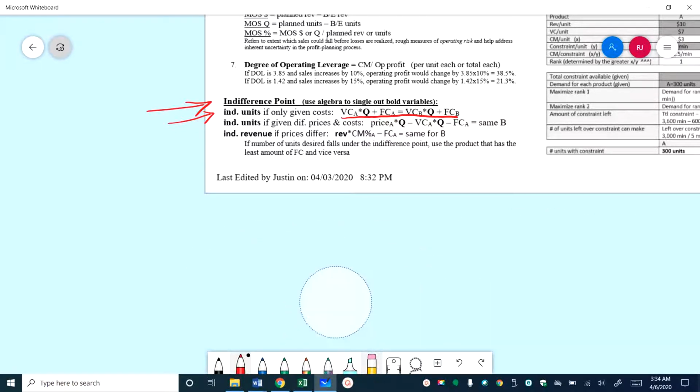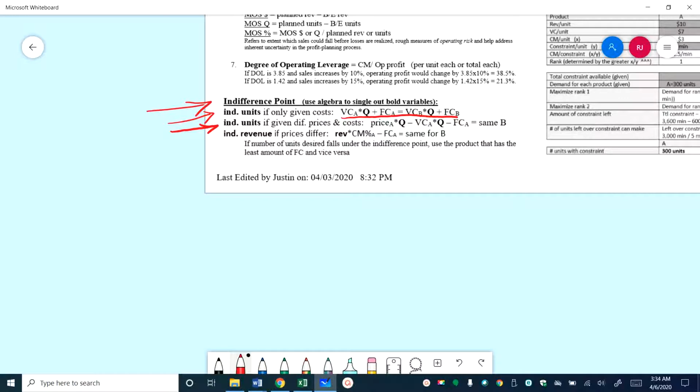And then, if it tells you this and asks for the indifference point again, but this time it says if given different prices, so if you can charge more for the more expensive printer paper because it prints more efficiently and better pages, then you're going to include price.